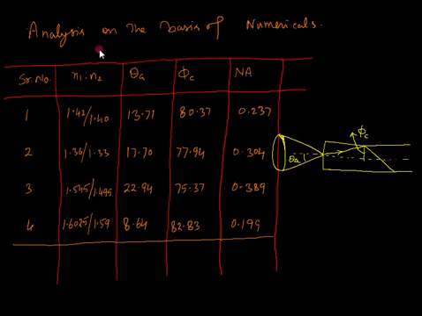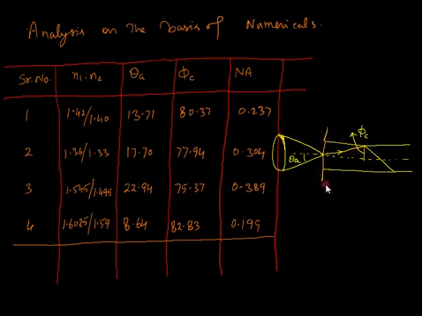And now the important point is the analysis on the basis of these numericals. This is the core of the optical fiber, and this one is the central axis. A light ray is incident at this point and makes an angle theta a. This is the maximum angle at which a light ray gets reflected inside the core. And I can draw the cladding here.